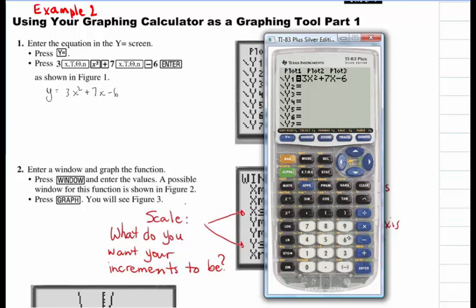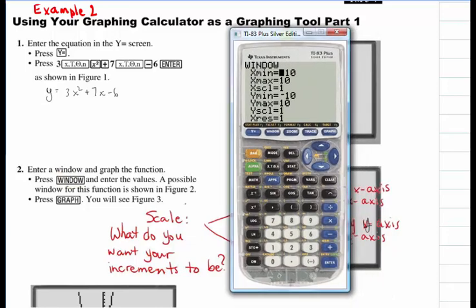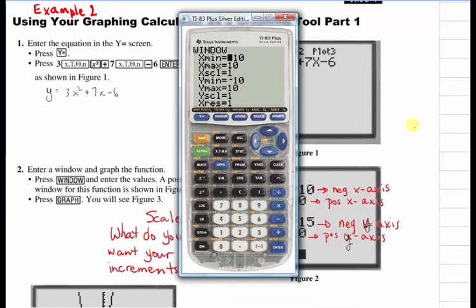The next thing that we want to do is to set our window settings. So we go back to these menu buttons underneath the screen and we press window. What this allows you to do is to set up your x and y axis. So here's y, here's x.